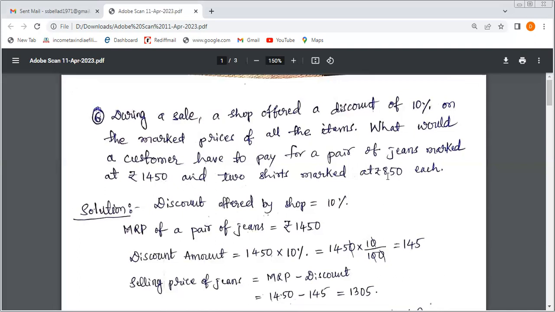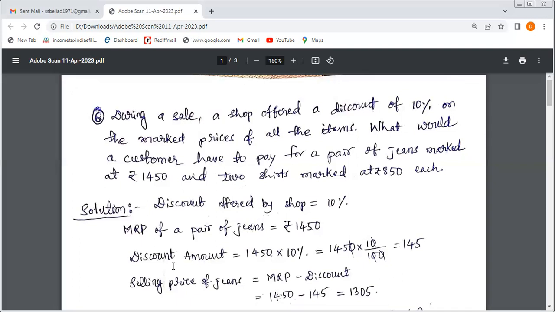So this 850 is the price of each shirt. Don't confuse. So in this problem, the discount offered by the shop is 10%. MRP of a pair of jeans is 1450.